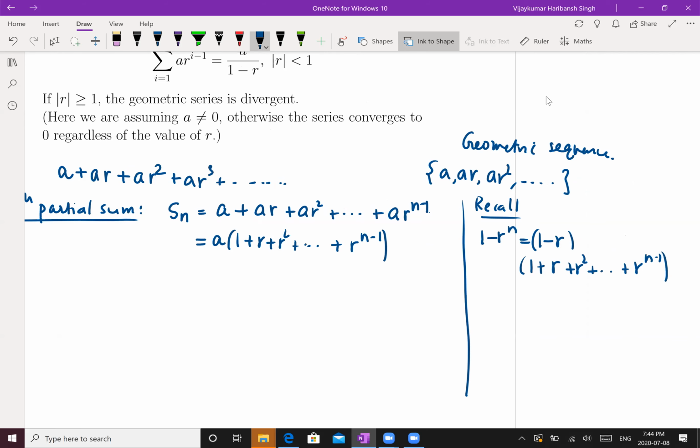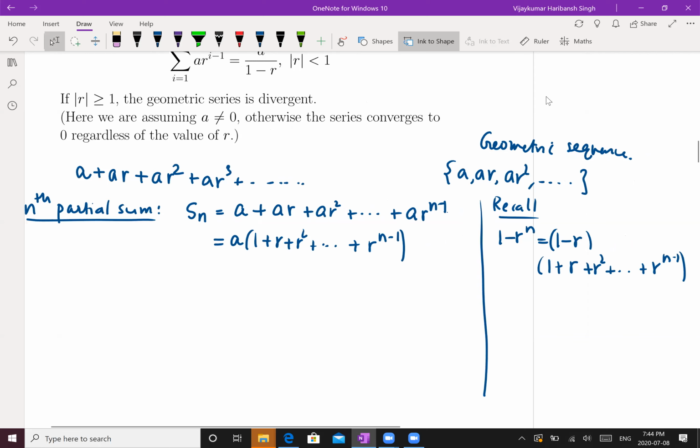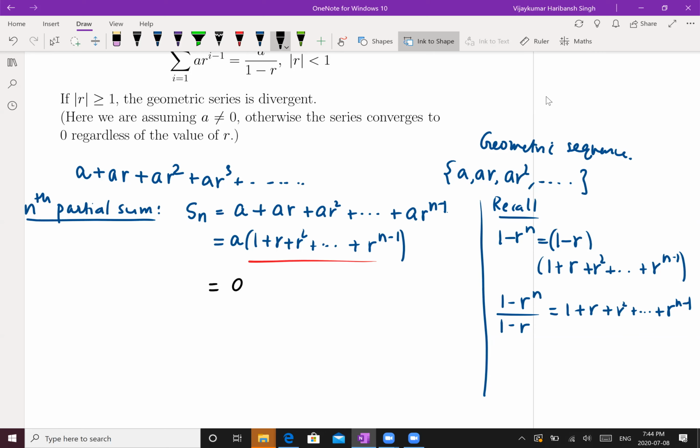So from here you can see that (1 minus R to the n) upon (1 minus R) is equal to 1 plus R plus R square until R to the power n minus 1. So instead of this, I can write it as A times (1 minus R to the power n) divided by (1 minus R). So this is my Sn.